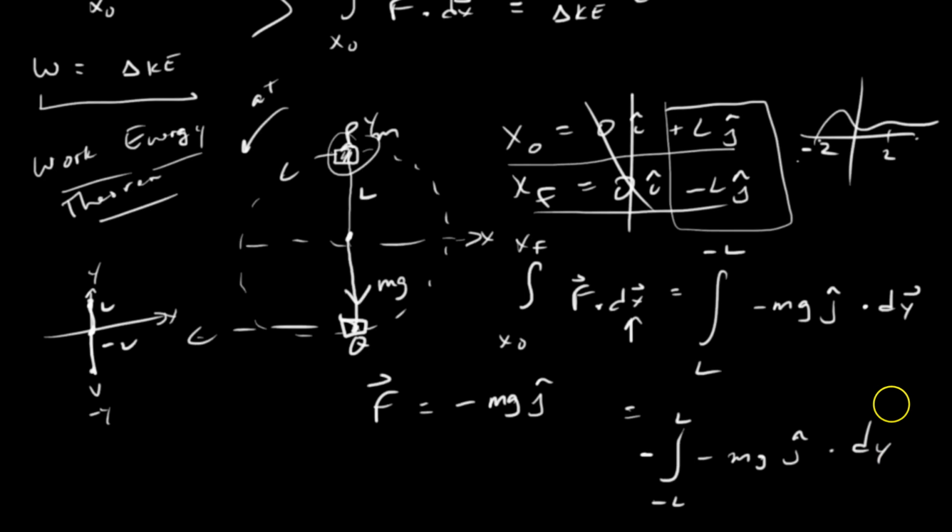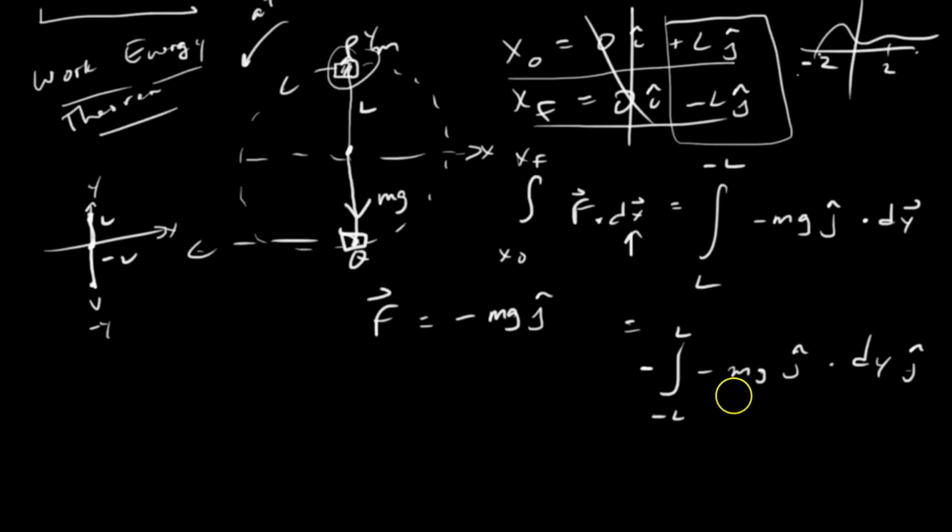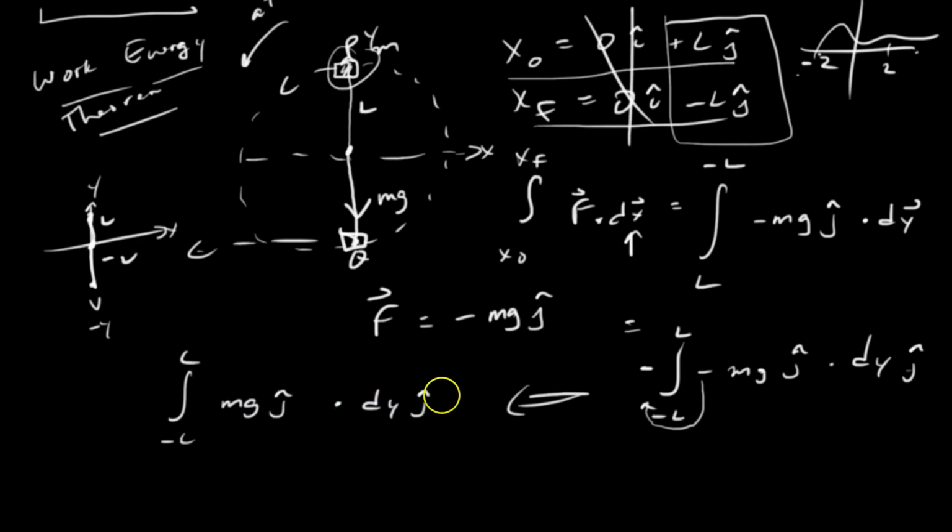And since it's dy, what direction is the y? It's the j hat direction, of course. Okay. So now we have a negative here. We can pull it out of the integral. A negative times a negative becomes a positive. So this is just equal to the integral from negative L to L of mg j hat dot dy j hat.